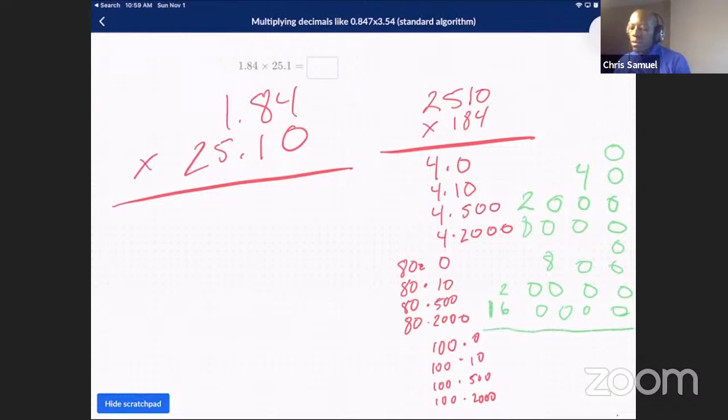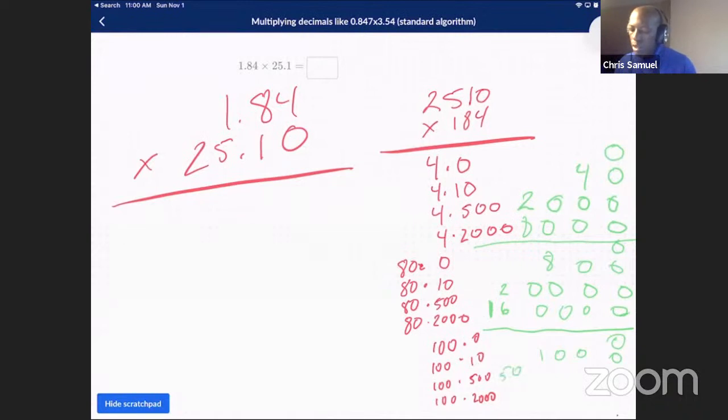You have 20,000 and then 160,000. Then we can finish up with 0, even though this is not really supposed to be this long. 100 times 0 is 0, and 100 times 500, I think that's 50,000.